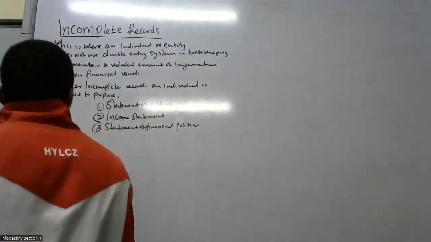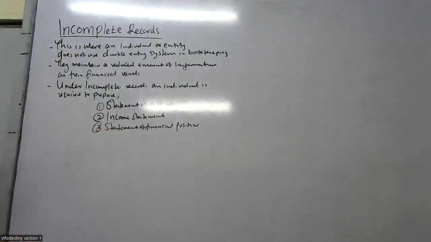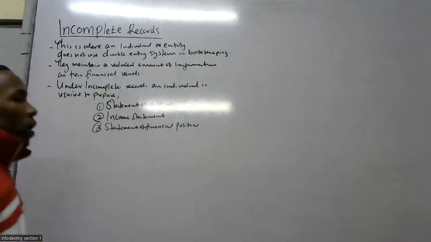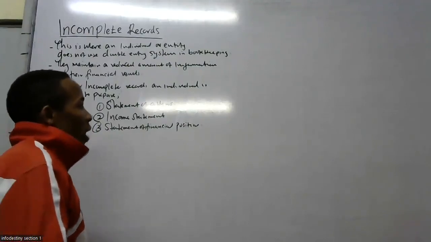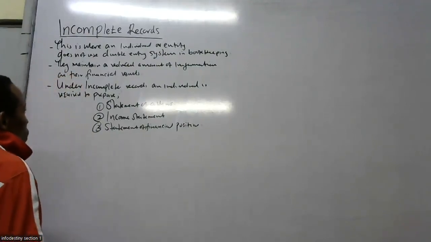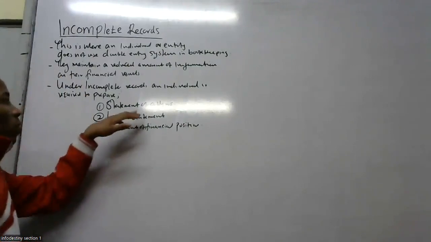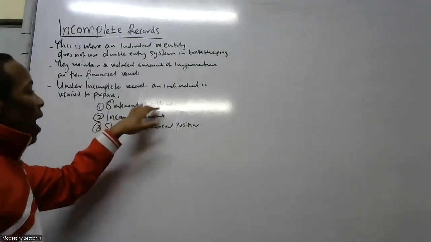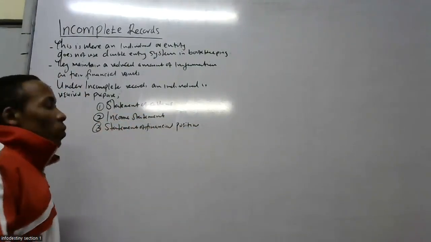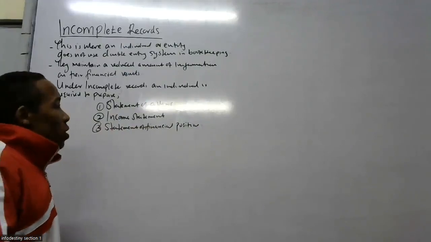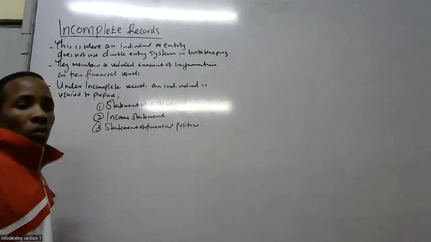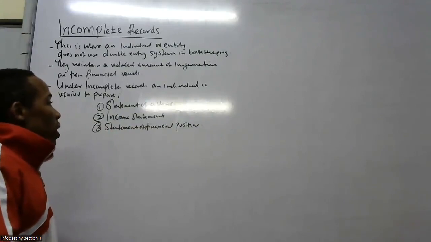So we'll be looking at incomplete records of a sole trader or sole proprietor, and see how we record them or how we adjust the incomplete or unavailable information. For the statement of affairs, we take the assets minus liabilities, following the accounting equation, which says that capital equals assets minus liabilities.